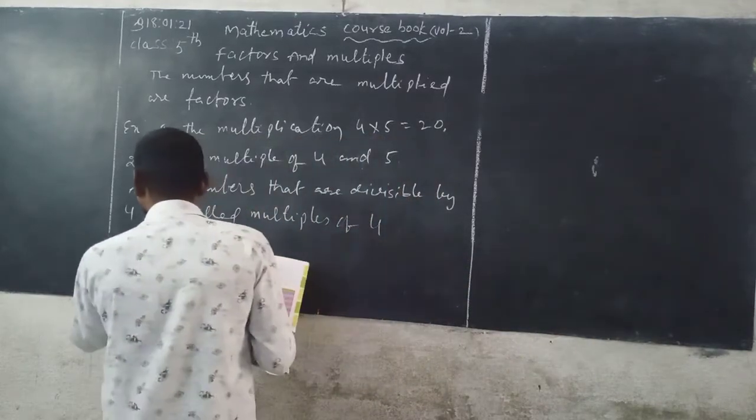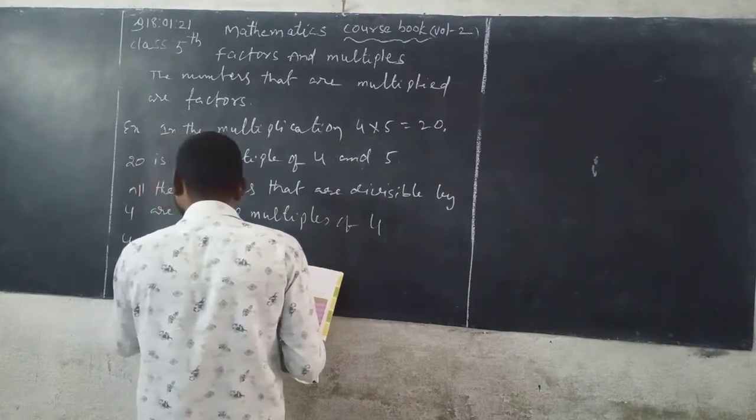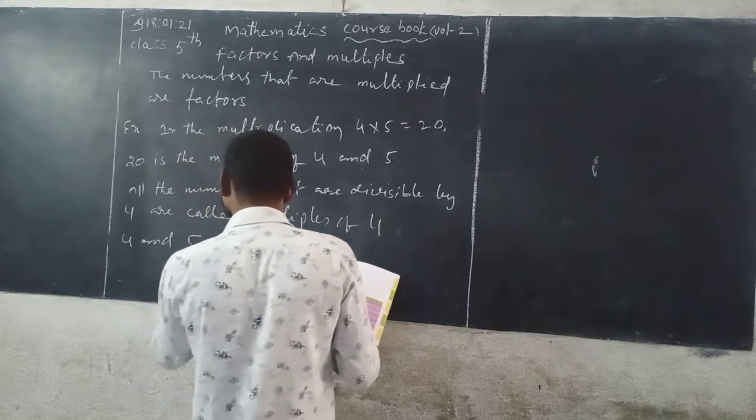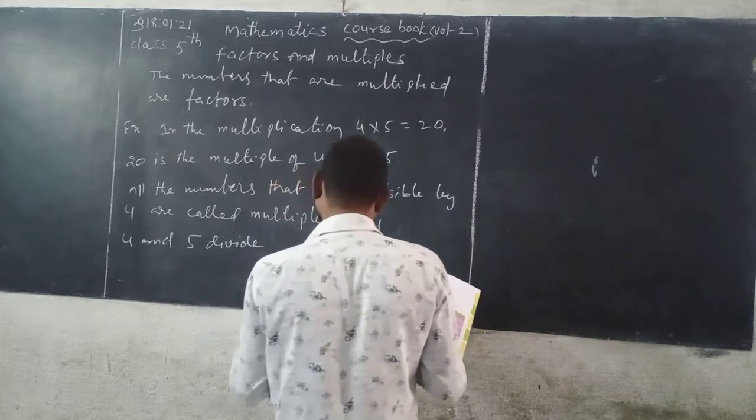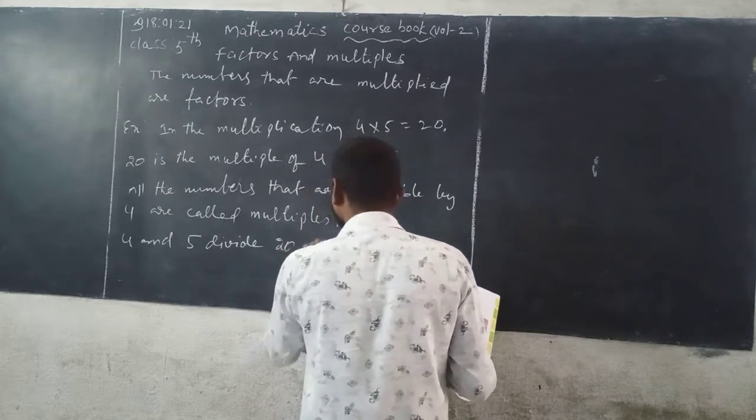See here, 4 and 5 divide 20 with remainder 0.